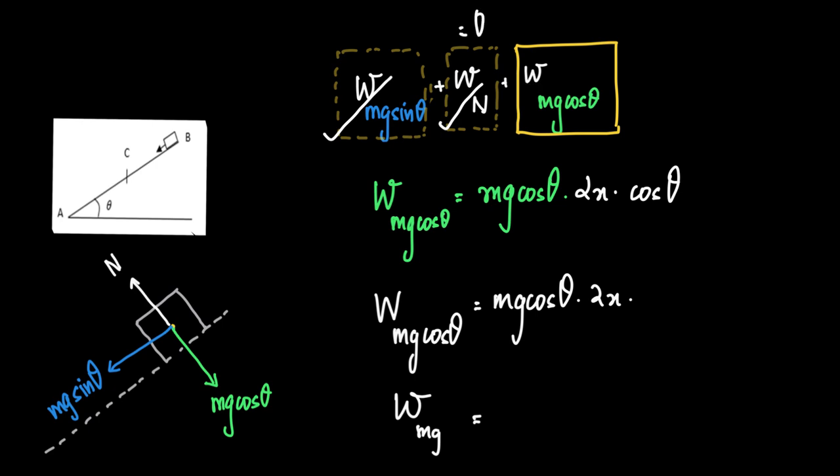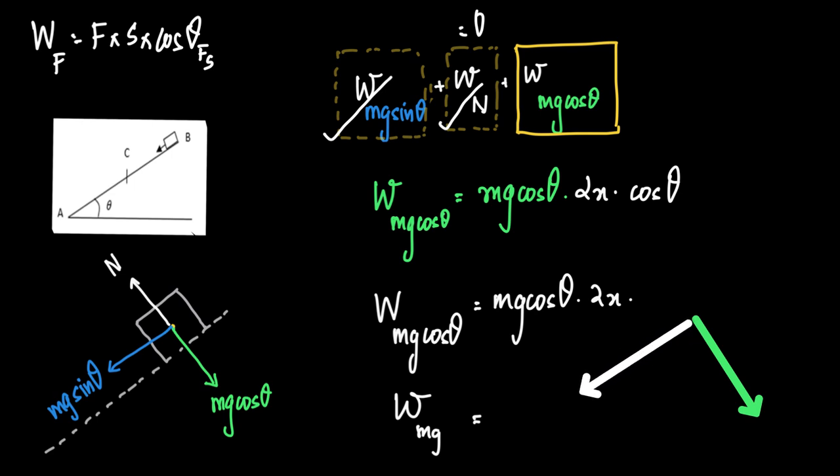Now we have to calculate the work done by mg cos theta. One more time, what is the work done by one force? It is equal to the magnitude of that force into the displacement produced by it into cos theta, which is the angle between force and displacement. The force under consideration here is mg cos theta acting downwards. The direction of displacement is like this.